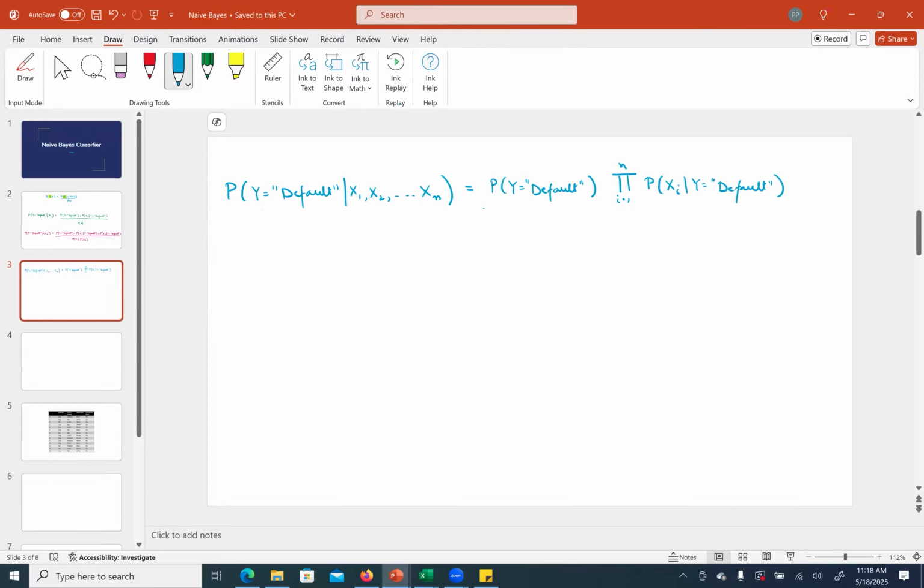So this is a generic version. This is true for i equal to 1 as well, i equal to 10 as well, and everything. Similarly, in the bottom also, it will be the multiplication, i equal to 1 to n, of probability of xi. This is a generic version. This is how people write the Bayes classifier.